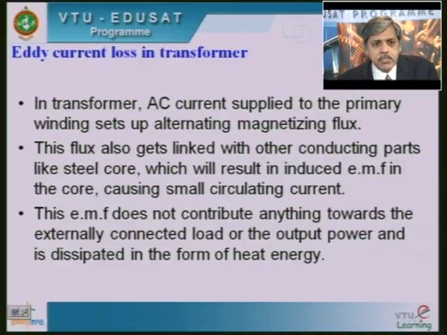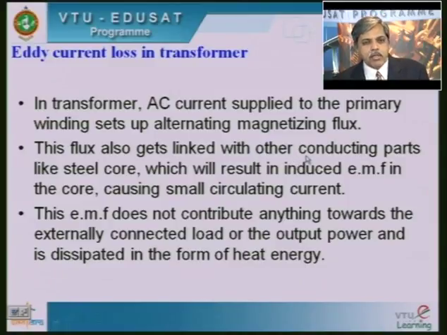The next loss taking place in the core is the eddy current loss. Now this eddy current is an induced current. In a transformer, AC current supplied to the primary winding sets up the alternating flux. This flux also links with the conducting parts.